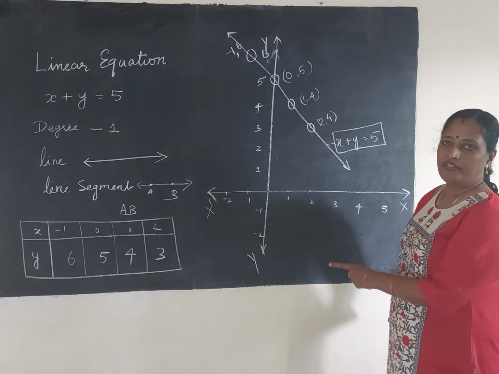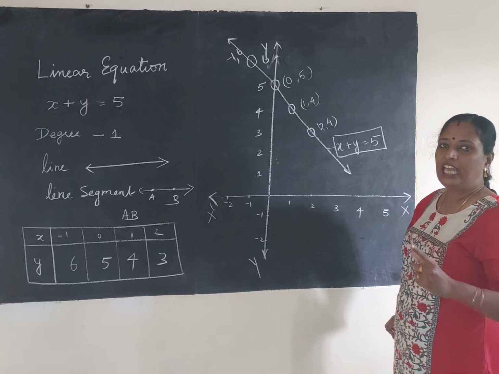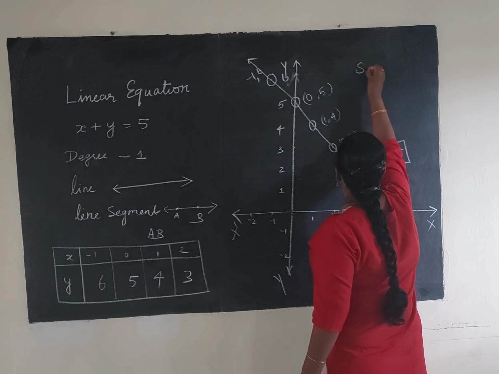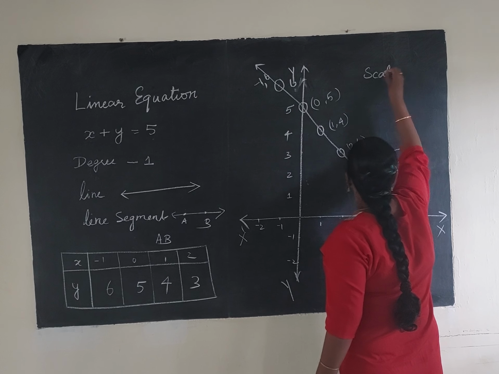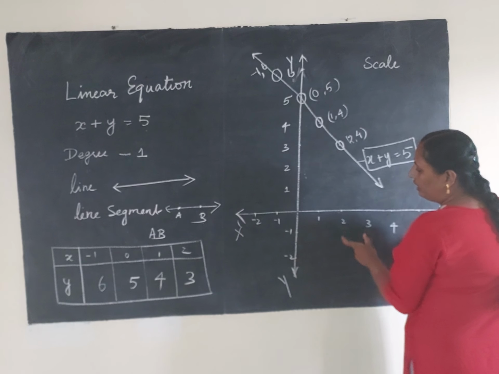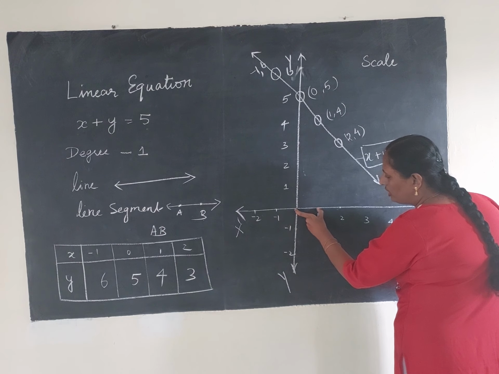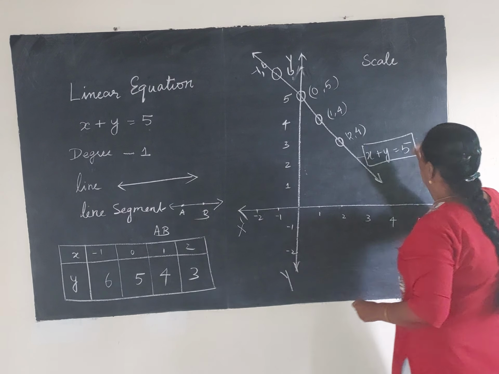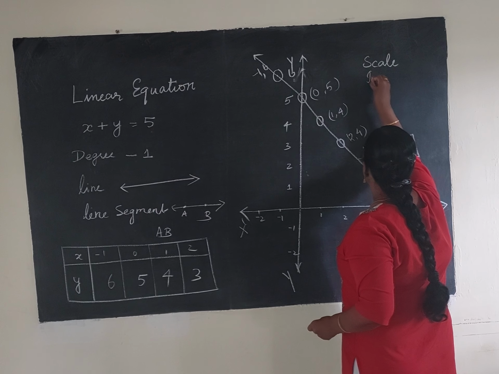In the graph, the scale is very, very important. Without a scale, you cannot do the graph. In this x-axis, if you measure this distance, you will get exactly 1 centimeter.